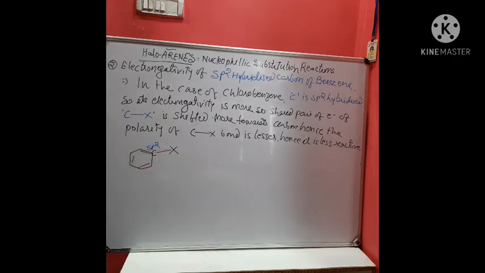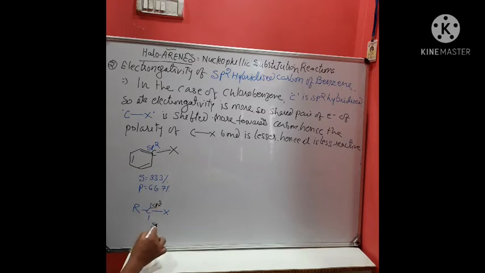One more thing, this is sp2 hybridized. sp2 hybridized means S is having 33.3% character and the P is having 66.7% character. But if we observe the carbon of haloalkane, here carbon is sp3 hybridized.